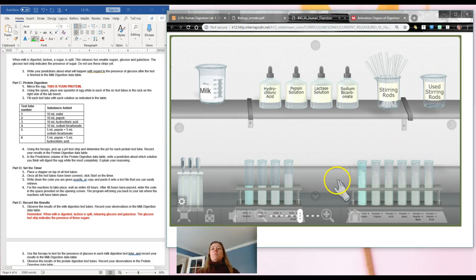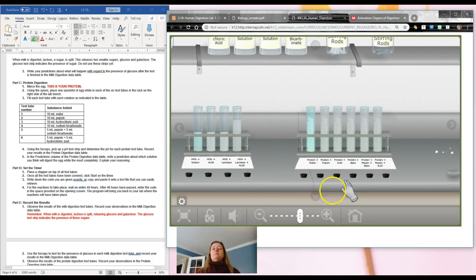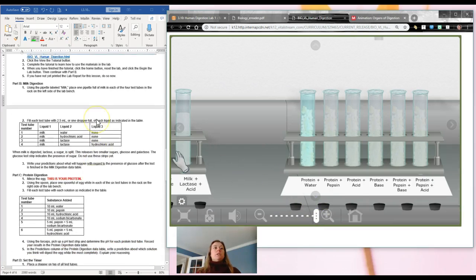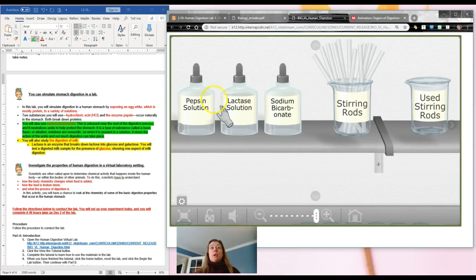Now let's just talk about what we did here for a second. Let's bring a little bit of chemistry into it. In our description of what's supposed to happen with the protein, it says 2 substances we'll use are hydrochloric acid and enzyme that occur naturally in your stomach, and they both break down proteins. So the hydrochloric acid and the pepsin both break down proteins.